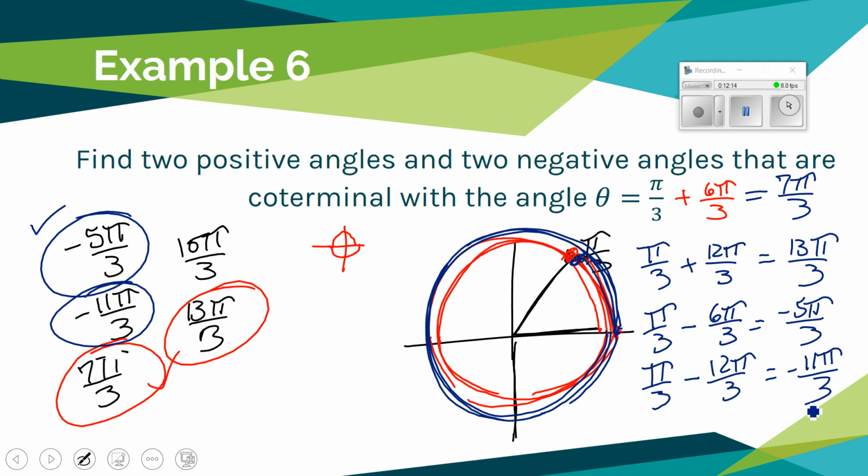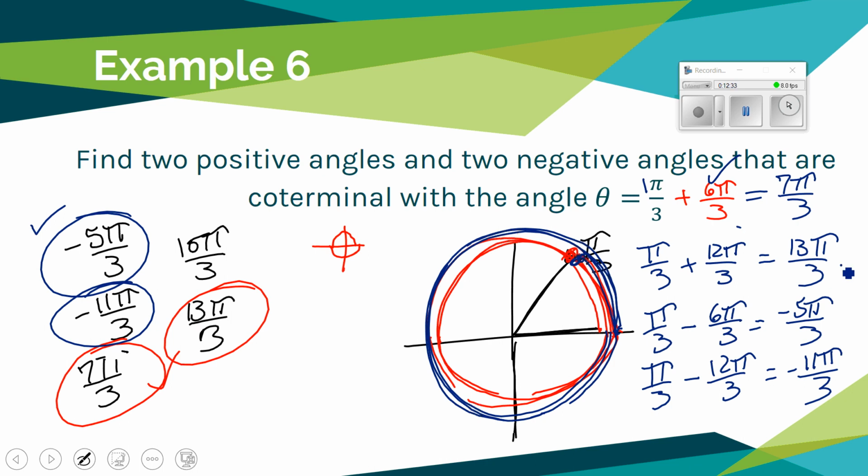But all I'm doing here is adding 360. That's a 360 rotation, 6 pi over 3. So 1 pi over 3 plus 6 pi over 3 is 7 pi over 3. And then 2 rotations, which is 12 pi over 3. So that's all that is. Do you understand what I did?